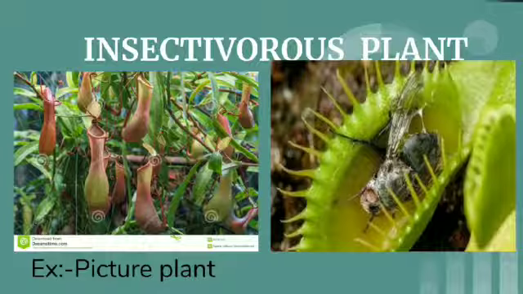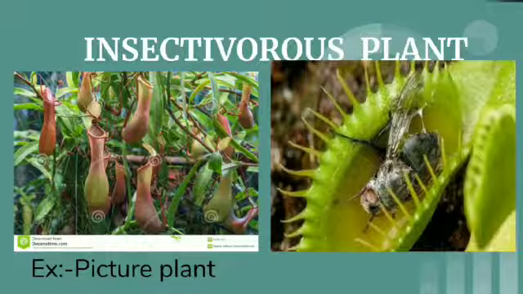Plants do this to obtain the vital nitrogen that they need for growth. This type of heterotrophic mode of nutrition is called insectivorous nutrition. Examples for insectivorous plants are pitcher plant, drosera, etc.